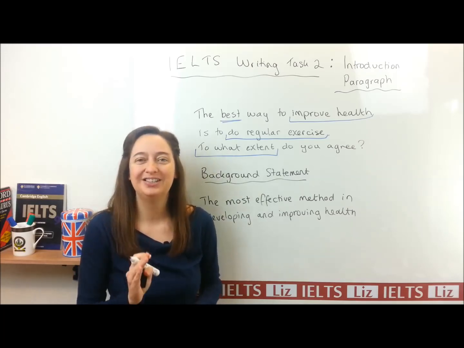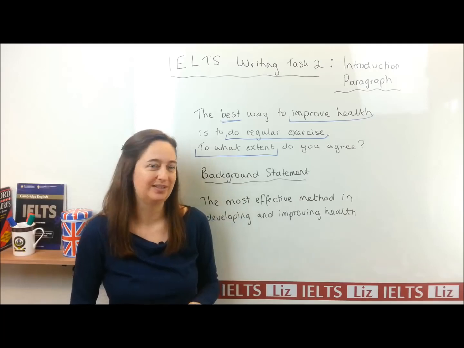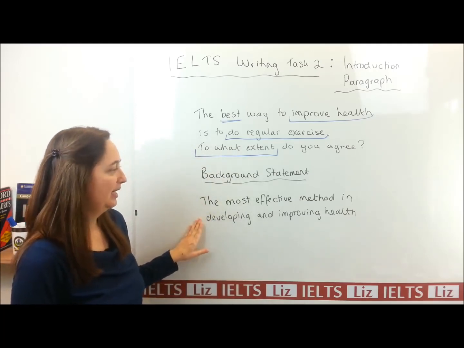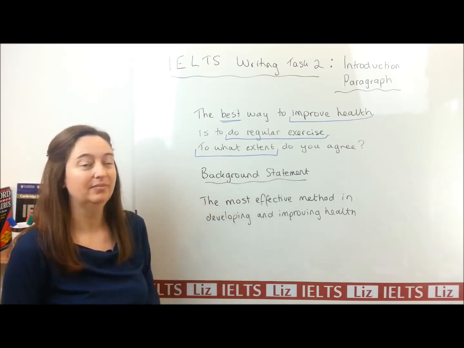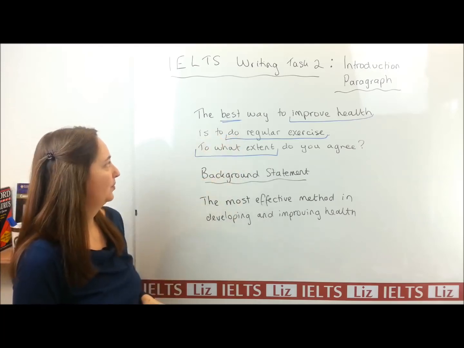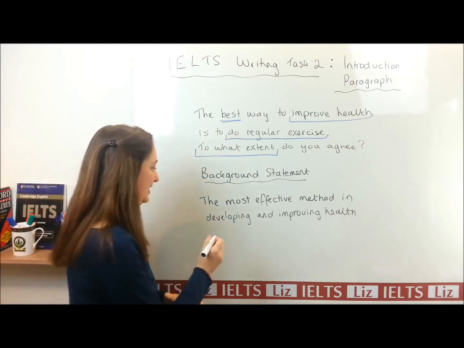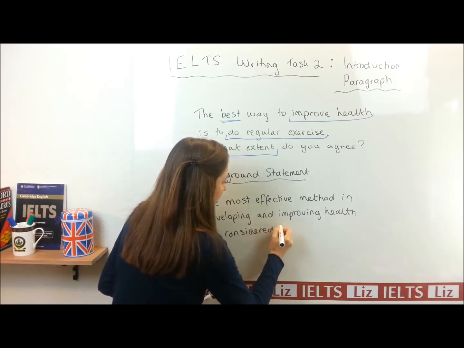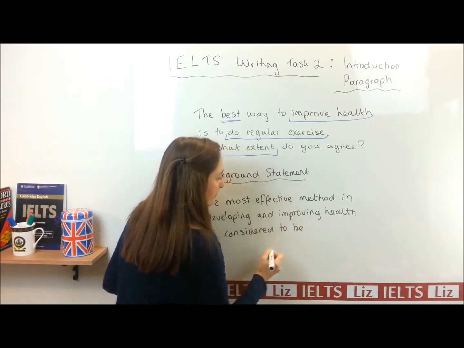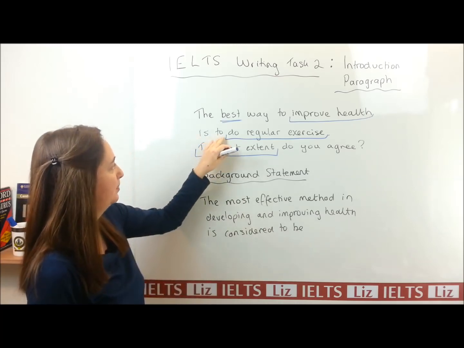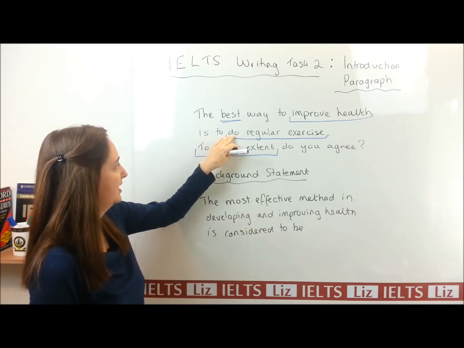You can just change the form of the word. So the most effective method in developing and improving health. Now we need the next bit. They say is to do. I will say is considered to be. So I've changed this part for considered to be.